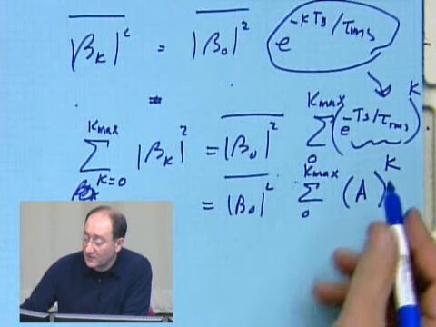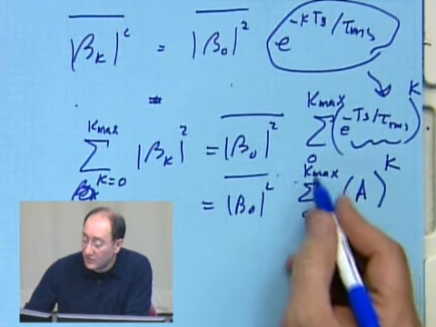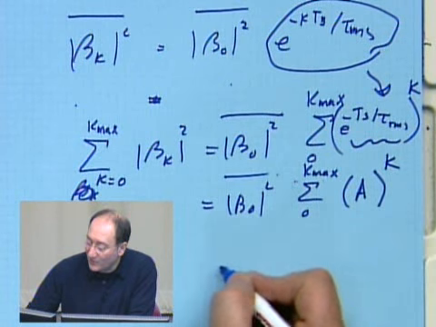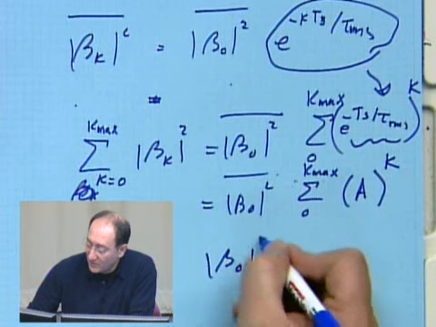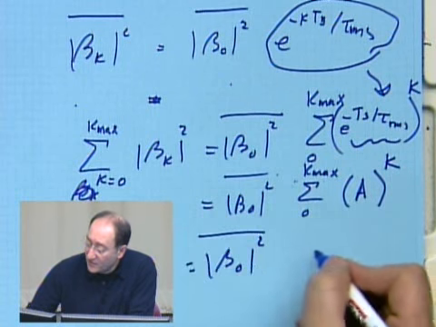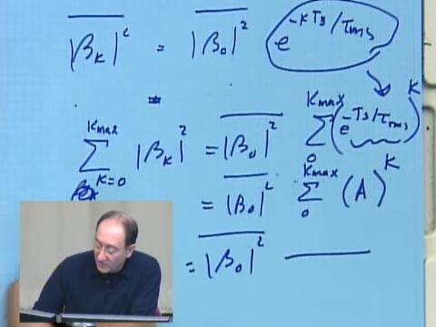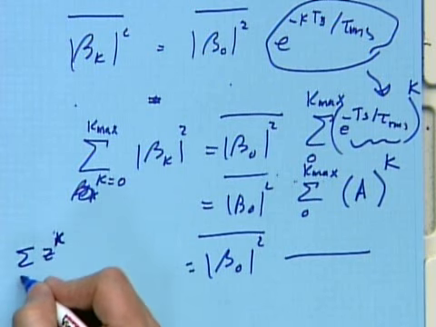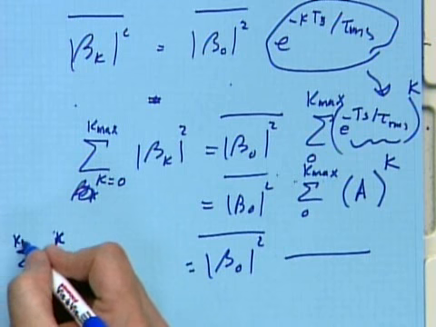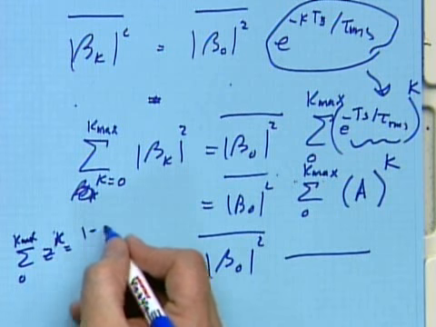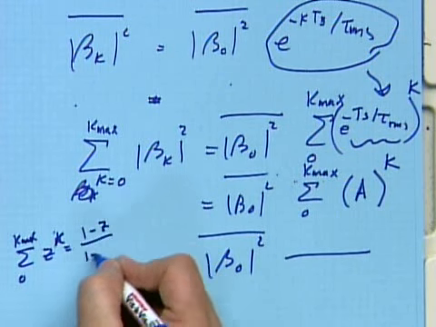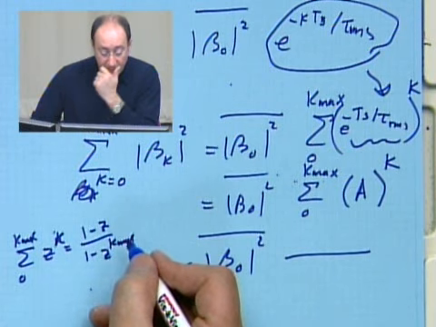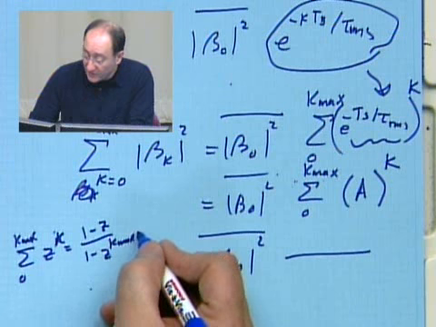Do you remember what is the summation of k equal to 0 to k max of A to the k? I believe the summation of z to the k, between k equal to 0 and k max, is equal to 1 minus z to the power of k max plus 1, over 1 minus z.